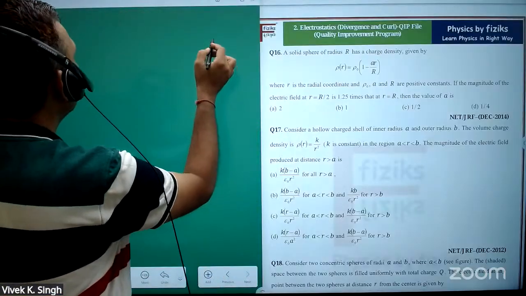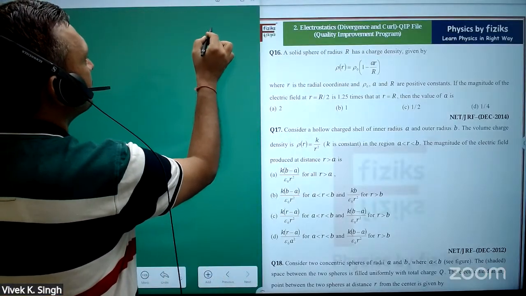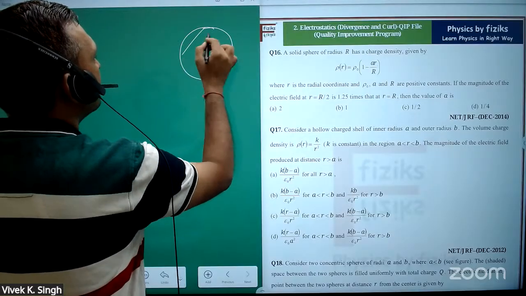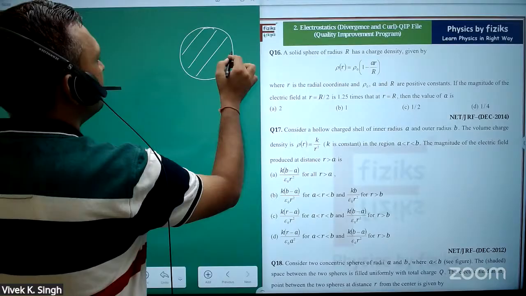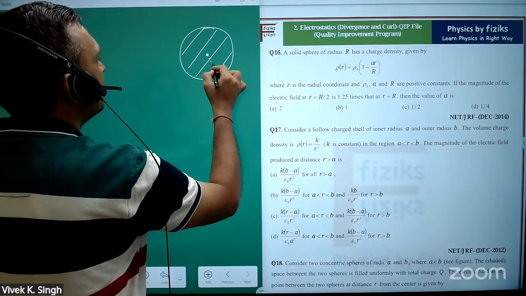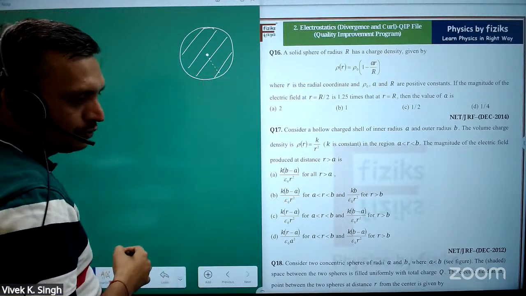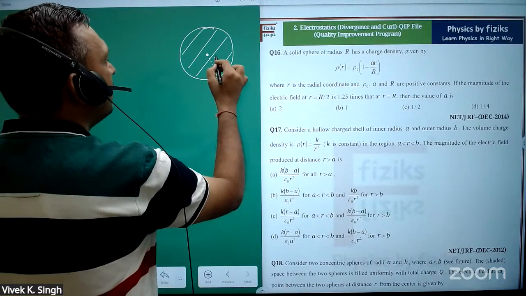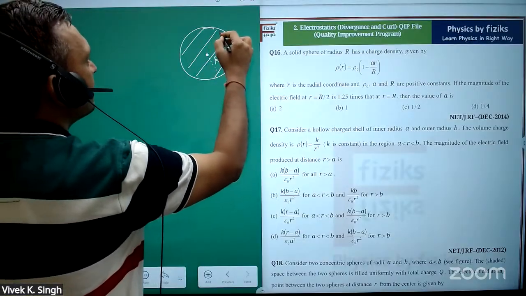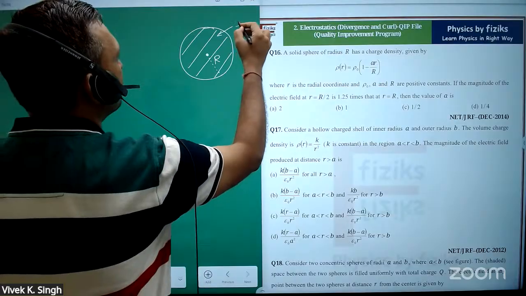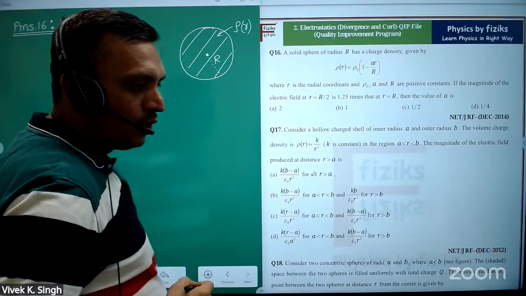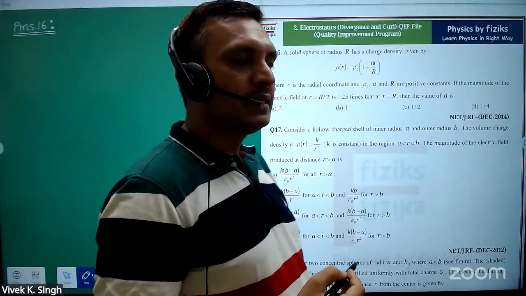So consider a dielectric sphere, radius R, and its charge density is rho. This rho as a function of r is given, so it's a non-uniformly charged dielectric.